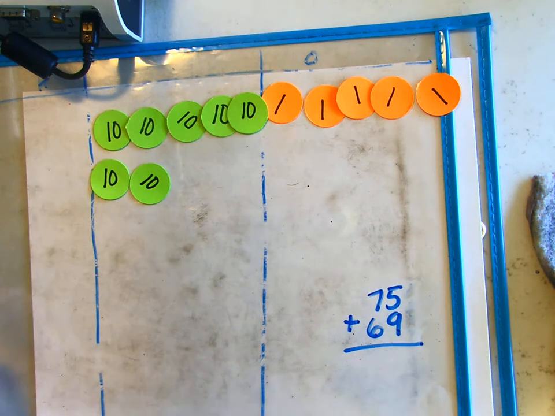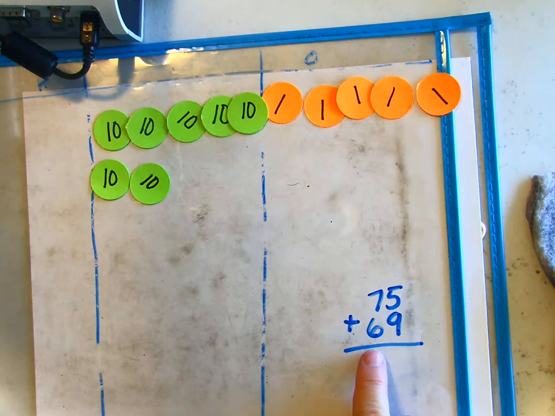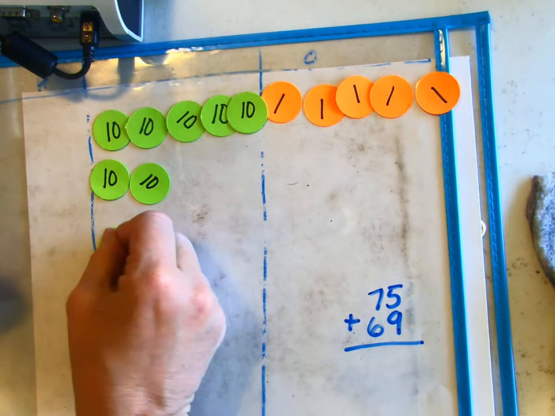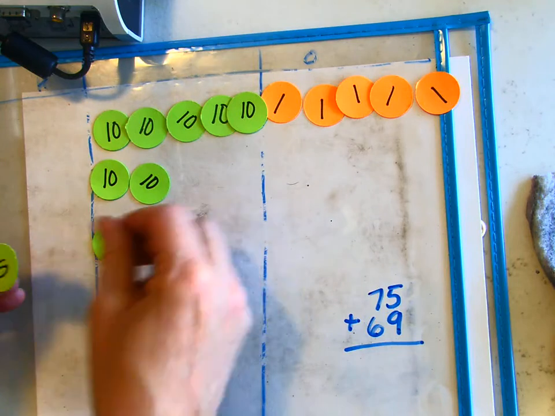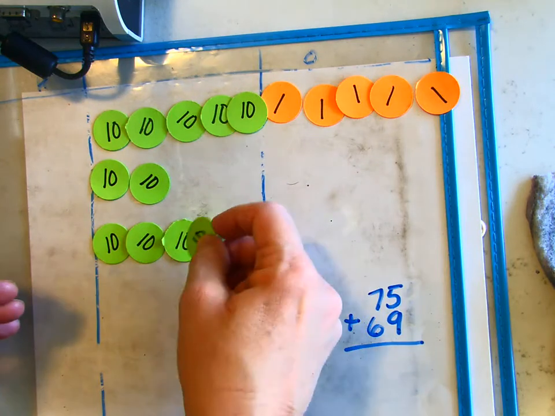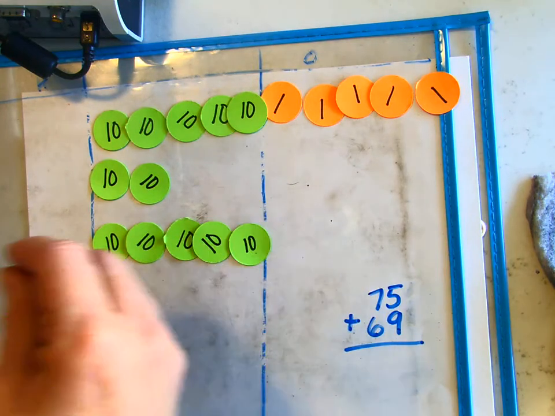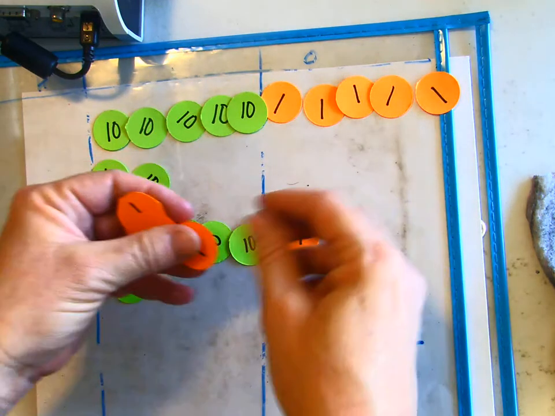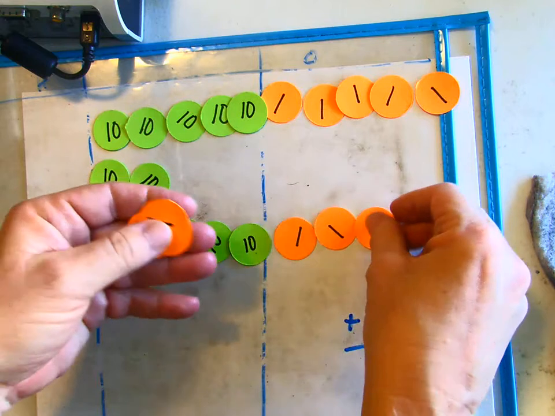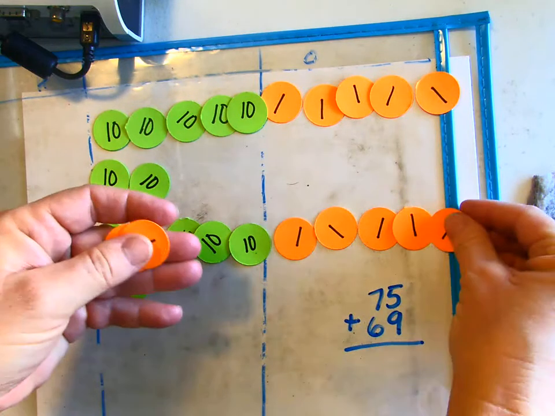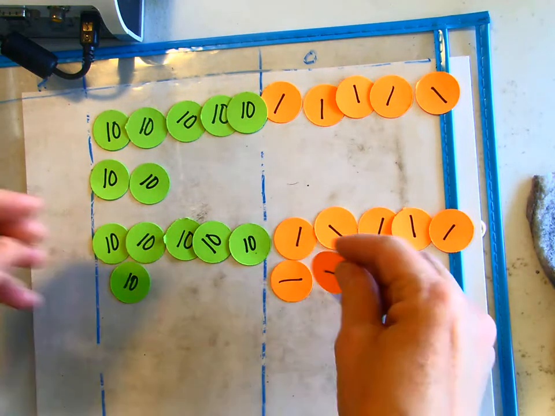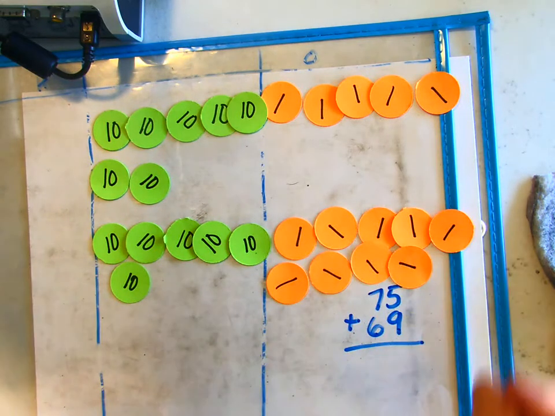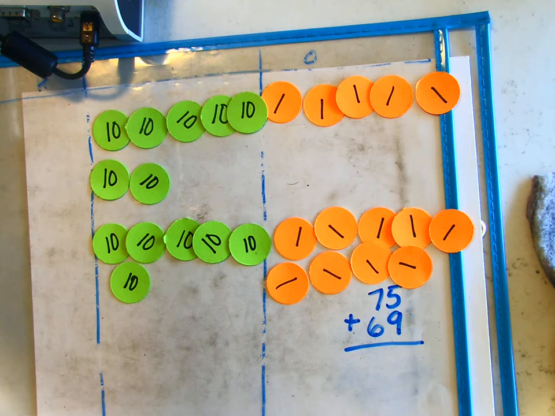We're going to add in 69. That's 6 tens and 9 ones. 6, 7, 8, 9. Oh my goodness.